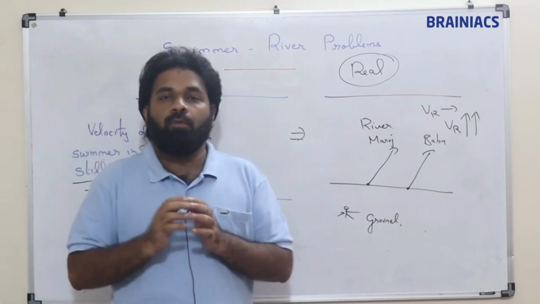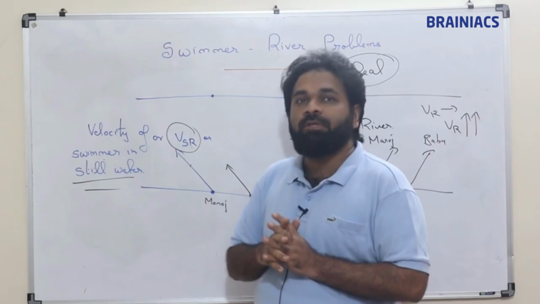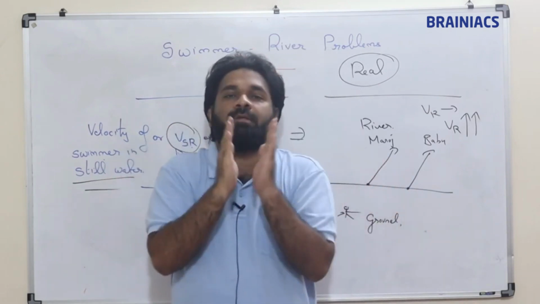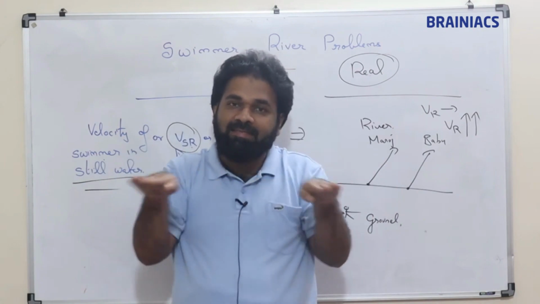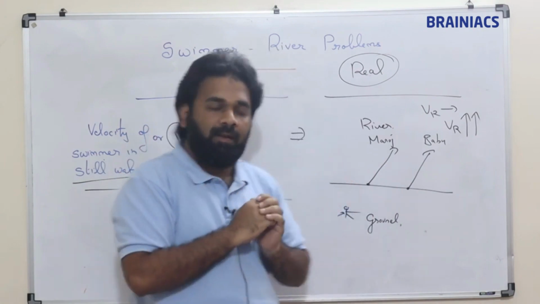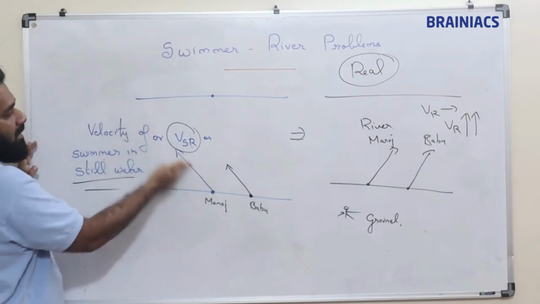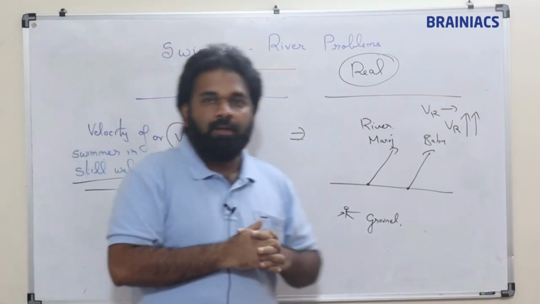Now the meaning of this velocity of swimmer in still water. Suppose the water is still, if he jumps in this direction, definitely he will be moving in this direction. Correct.